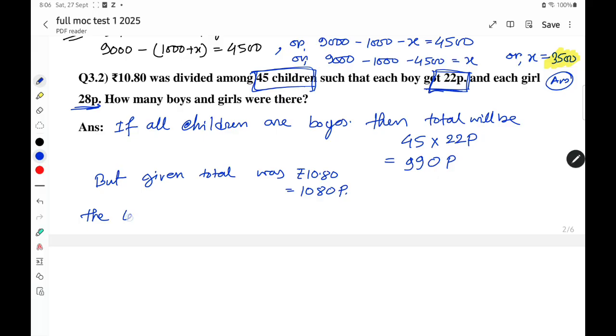So the less is equal to 1080 minus 990, so the less is 90 paise, and the total less is for each girl.